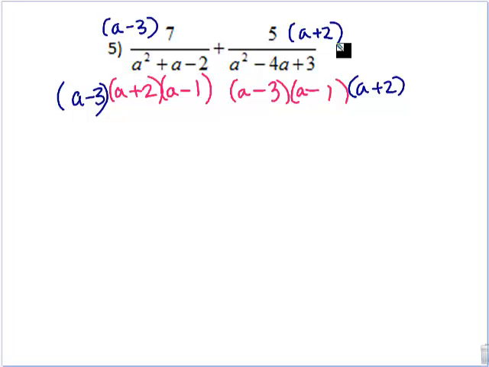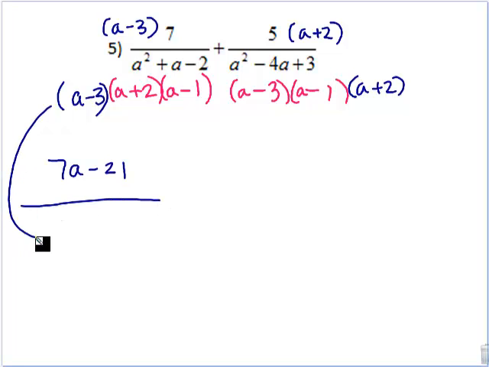So, first fraction here, what will the numerator be? 7a minus 21, okay, over all of this. We're just going to let it sit there like that for now. Plus, next one, what will this one be? 5a plus 10 over all of that.